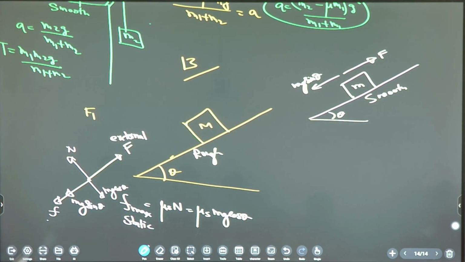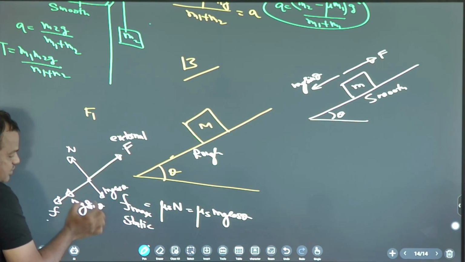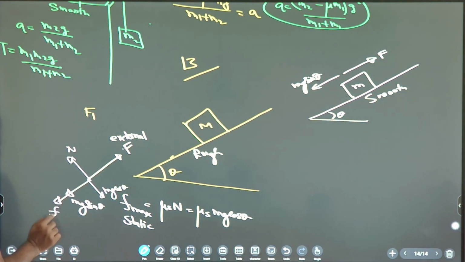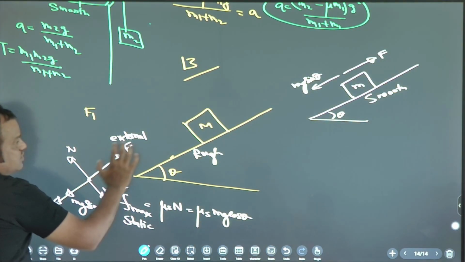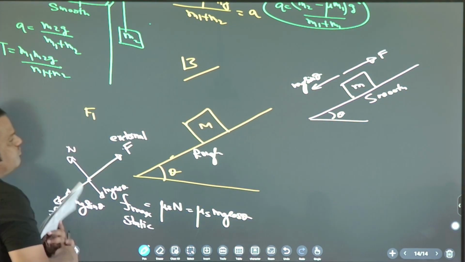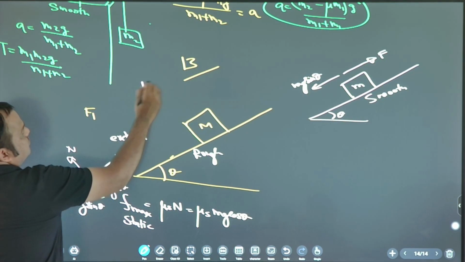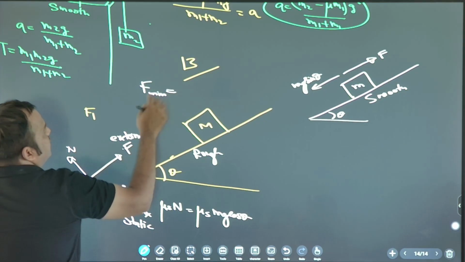Okay. Correct. So this F must be mg sin theta plus friction, and friction at its maximum value, because you are just moving it. So what do you write? Tell me, what is the minimum value of F?